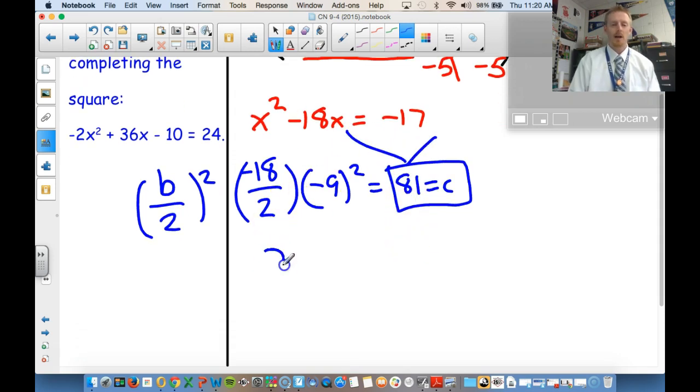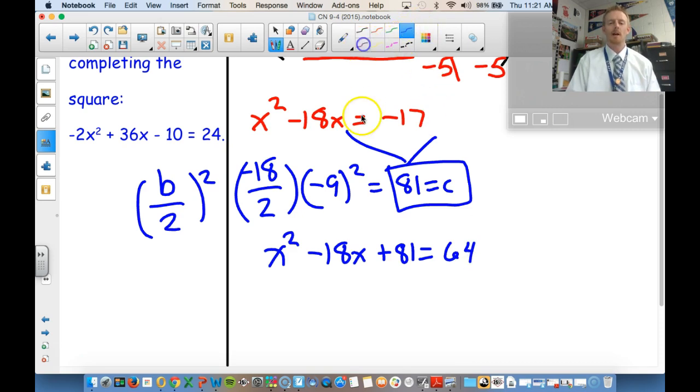So we're left with x squared minus 18x plus 81. And 81 plus a negative 17. Just double check on my calculator. Oh, there's a smiley face on this one for some reason. 81 plus a negative 17 is 64. Perfect. Just want to make sure that's 64.